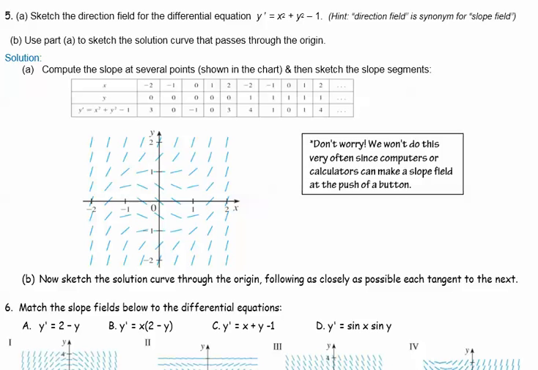So if we look at how this chart has been made, for example, if we choose x to be -2 and y to be +1, we would be substituting into this equation. Substitute the coordinates into your differential equation and come up with the slope of 4.